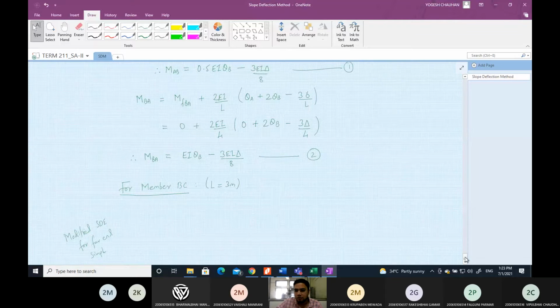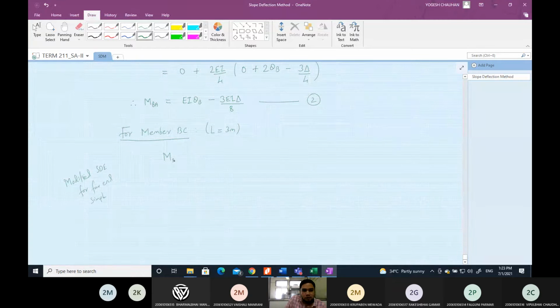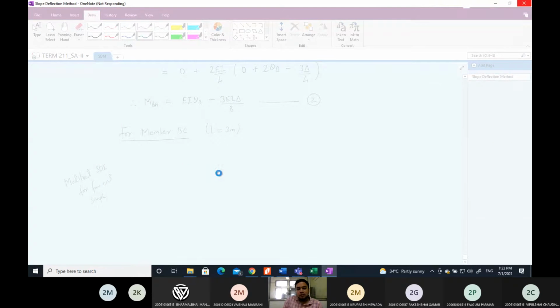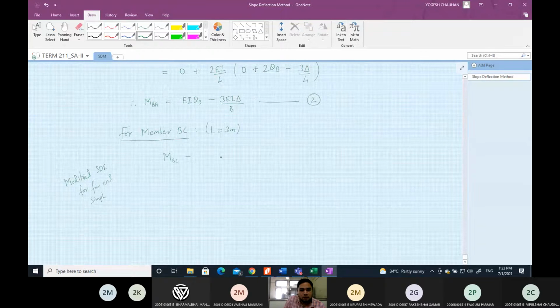So MBC will be equal to MFBC minus MFCB by 2 plus 3EI by L into theta B minus delta by L. So MFBC is minus 22.5, this is 22.5 by 2, plus 3EI by 3 into theta B minus delta by 3.